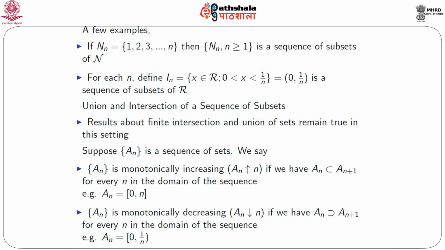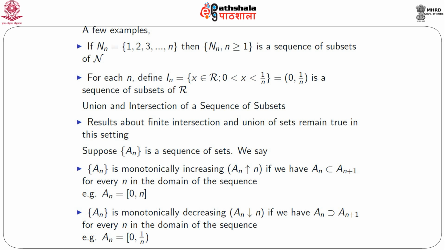Suppose A_n is a sequence of sets. We say that A_n is monotonically increasing with n, that means, if n increases, A_n will also increase, if we have A_n a proper subset of A_{n+1} for every n in the domain of the sequence.